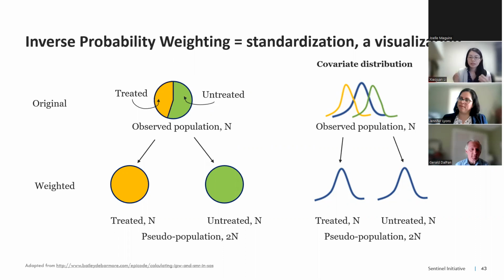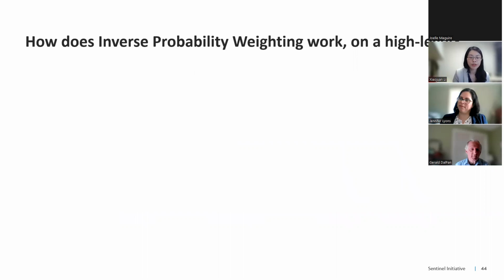But how does weighting achieve this? Basically, how does inverse probability weighting work exactly? Let's try to work through a simplified example together. Later on, Dr. Connie will walk you through a more real use case, but here we're using a really toy example to illustrate how that works.